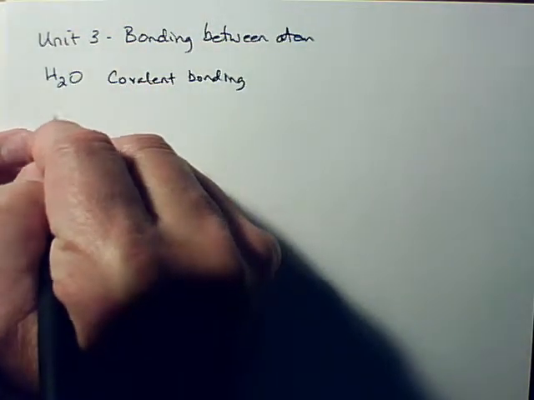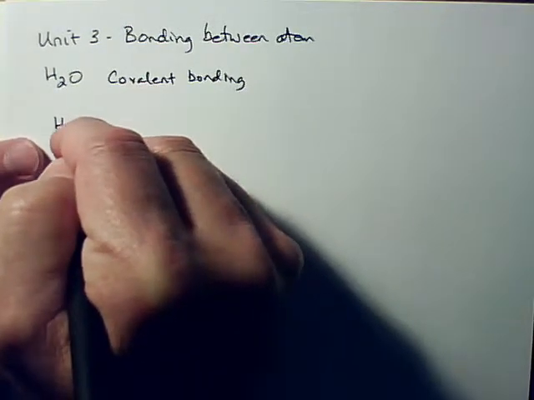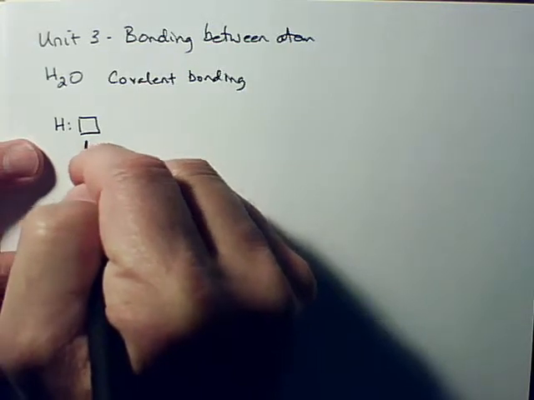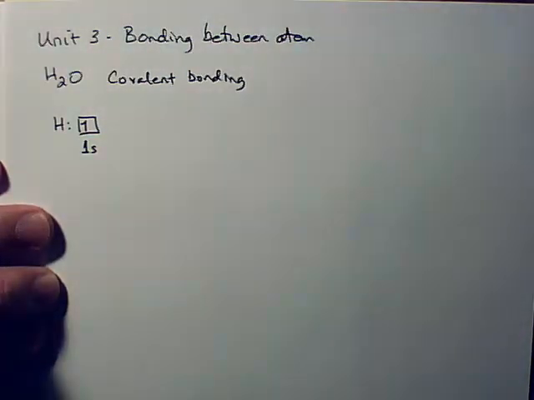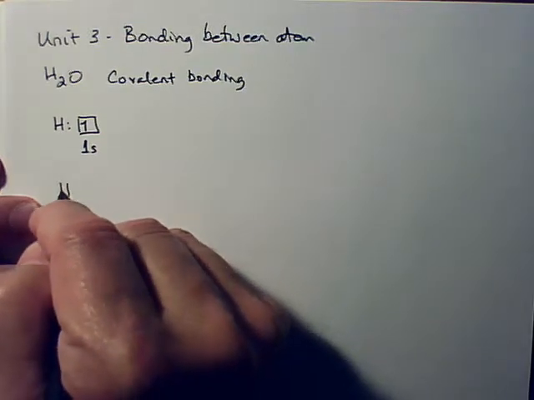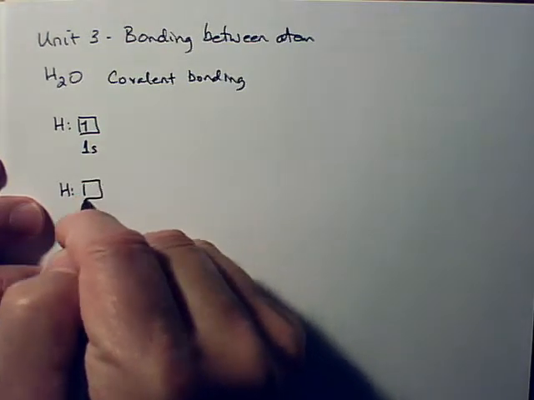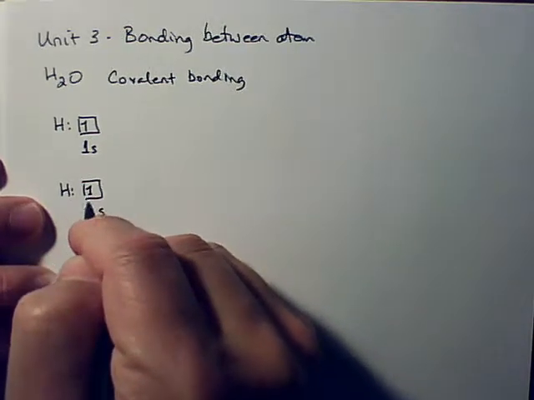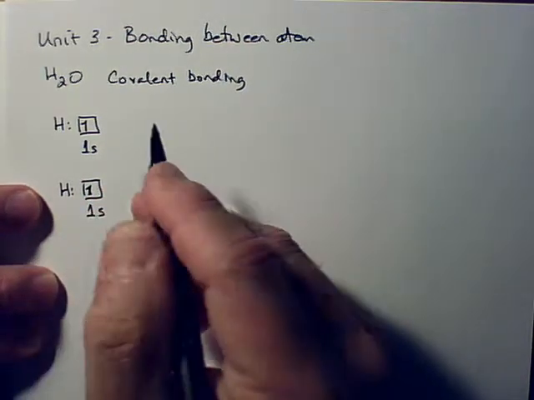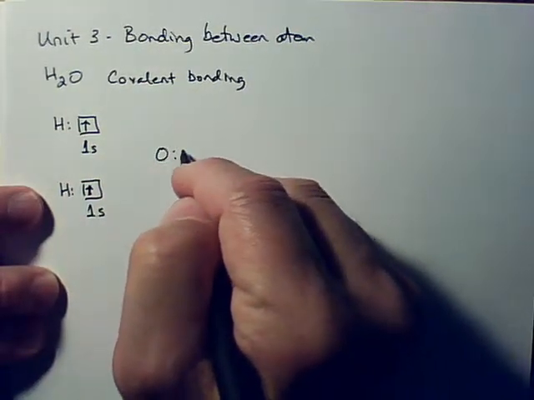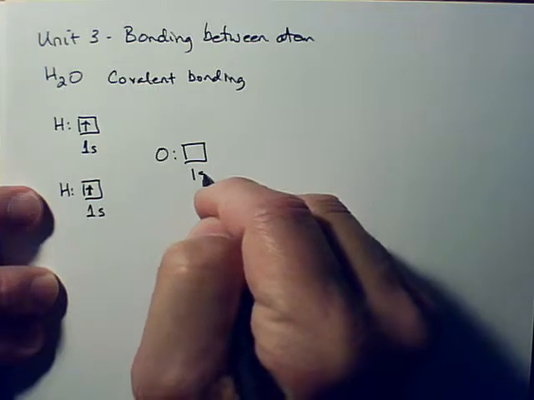Well, if we put this together, if we looked at what we did in the last unit at our orbital notation, that's the orbital notation for hydrogen, and we've got two of those. Oh, I don't know why I put the bottom on that. That's supposed to be an arrow, two arrows. And then oxygen you should be able to do this with me.